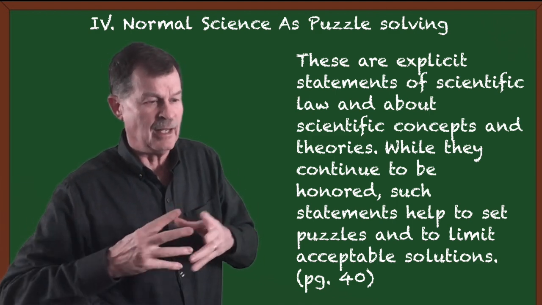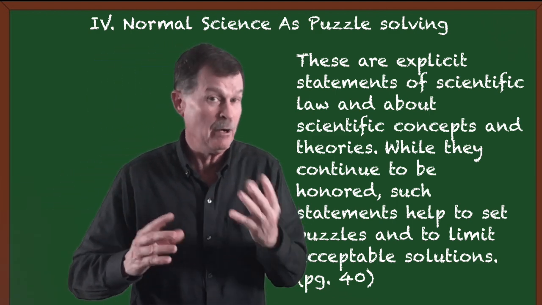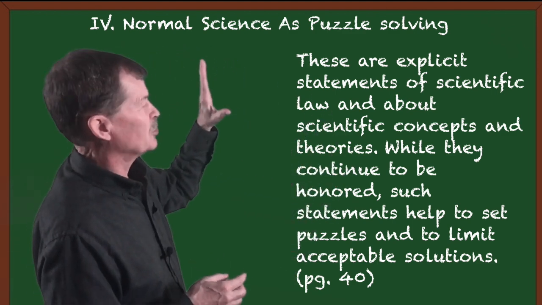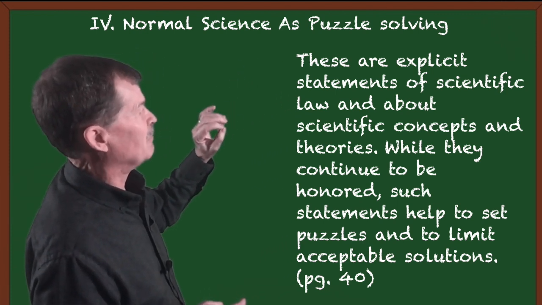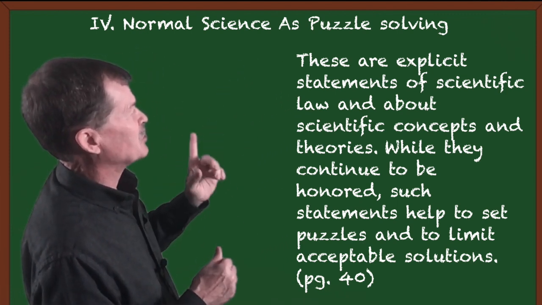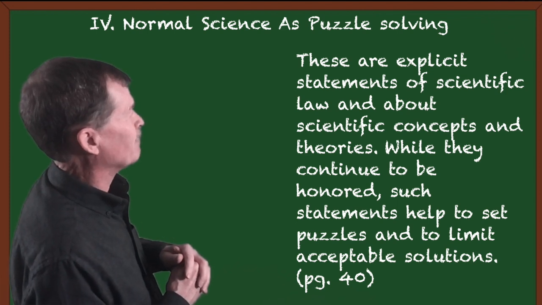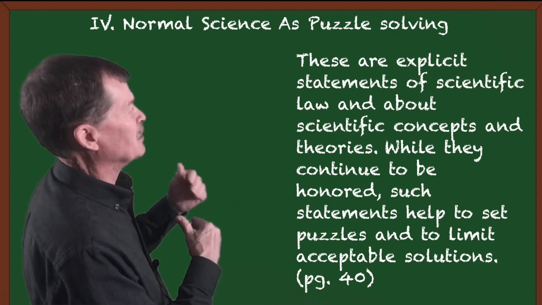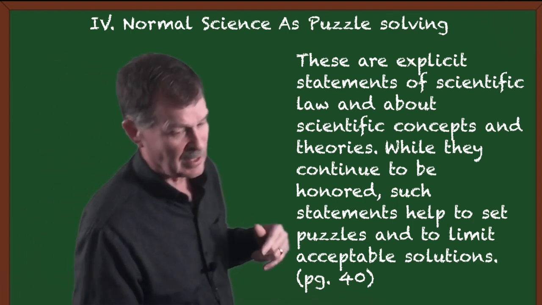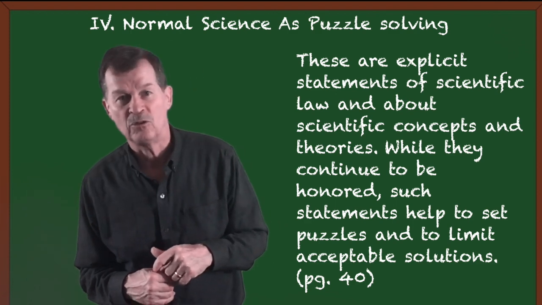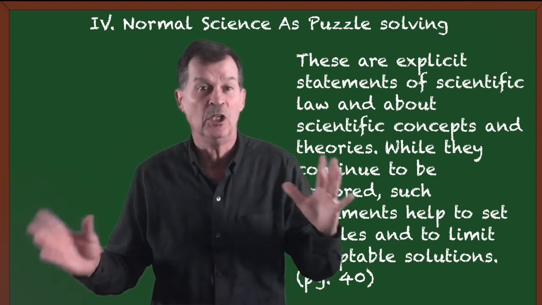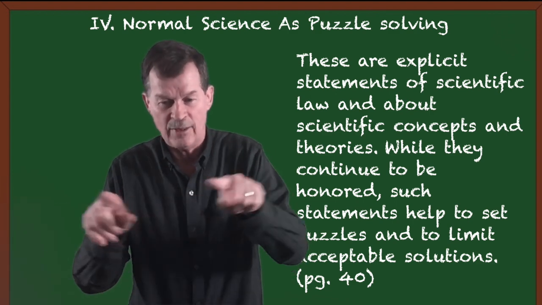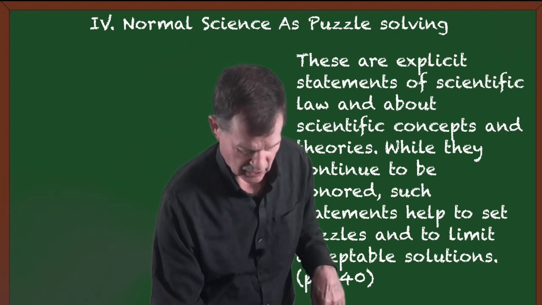They're within, and it's those that have developed the paradigm that really know the rules, and those rules are explicit statements of scientific law and about scientific concepts and theories. And it is such laws that help to set such puzzles and to limit the acceptable solutions of those puzzles. So you can't just offer any old solution. Your solution has to be within the paradigm, within what that paradigm allows as a solution.